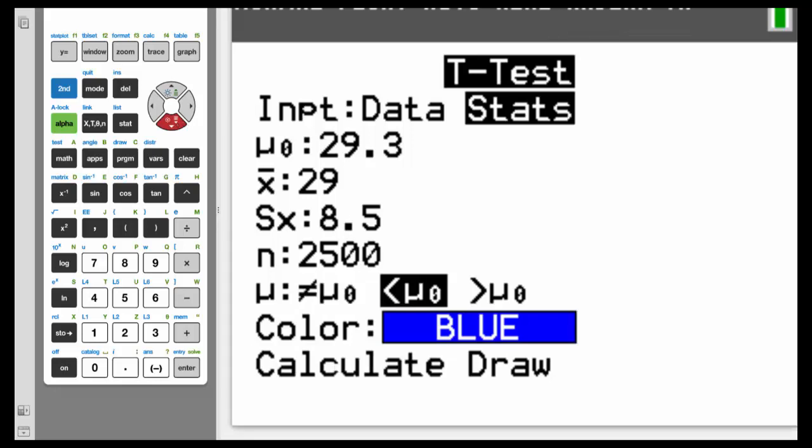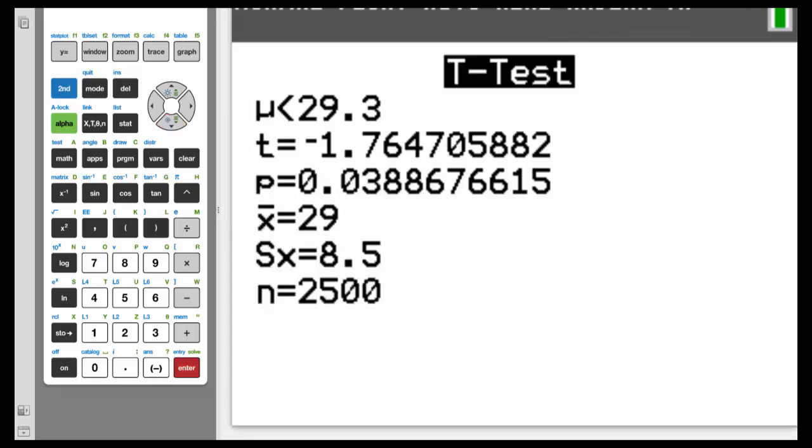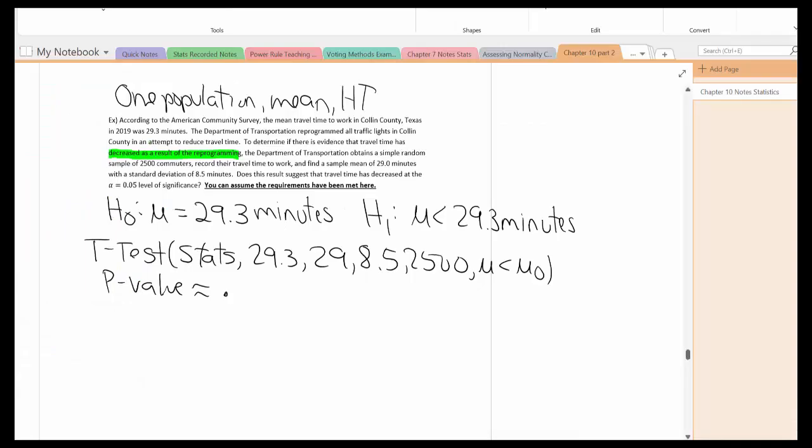Highlight calculate, hit enter. So the p-value to 4 decimal places is 0.0389. So let's go put that on our paper now. So here's the p-value. So again, we will compare the p-value to the error, which is 0.05.